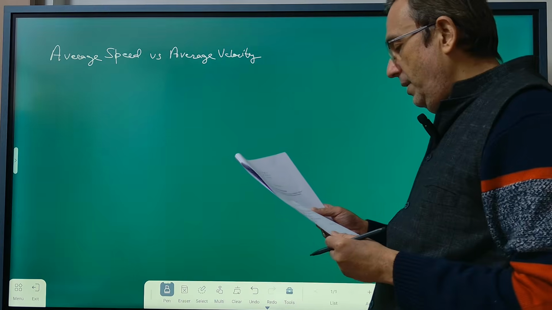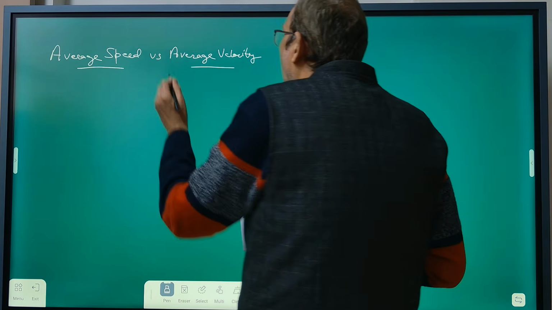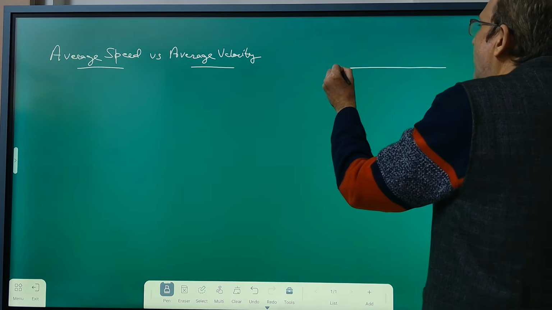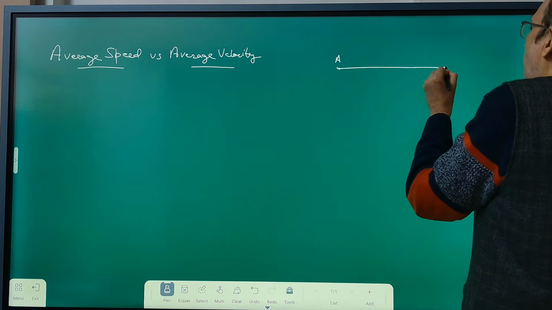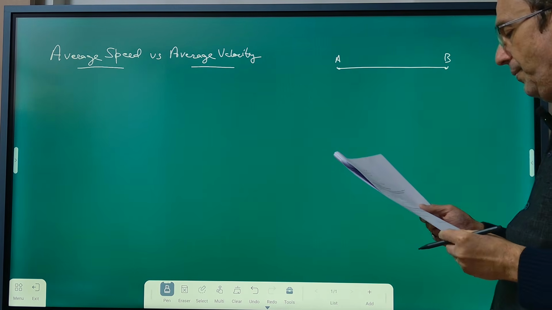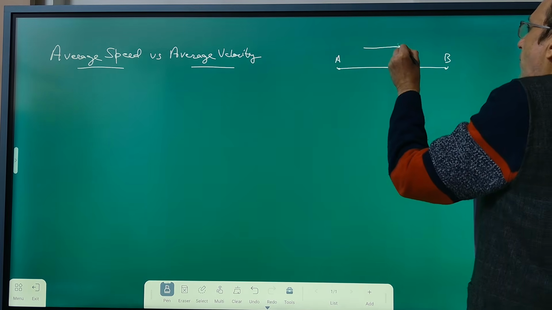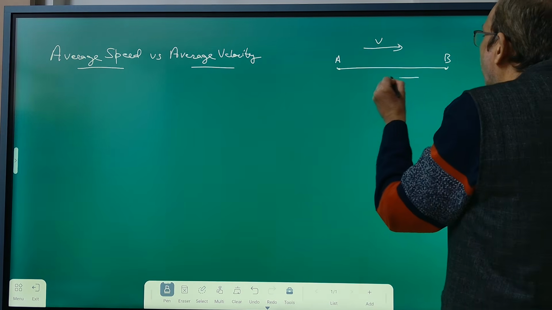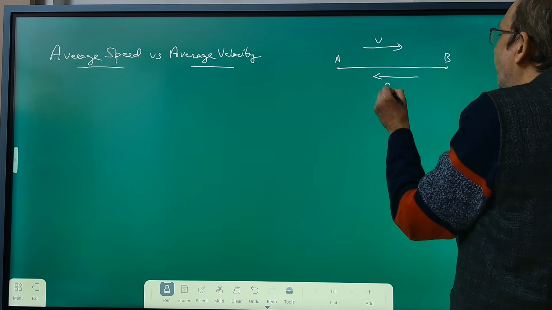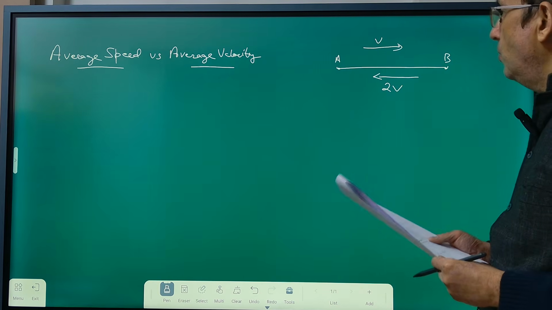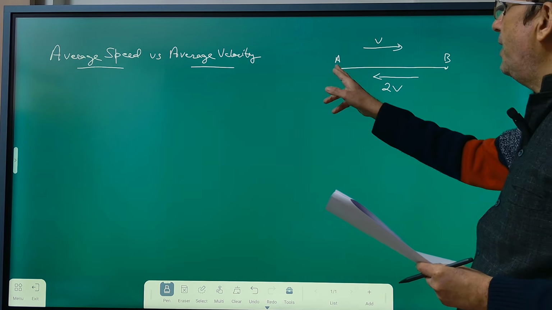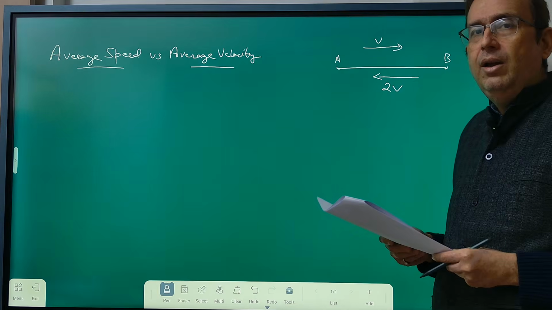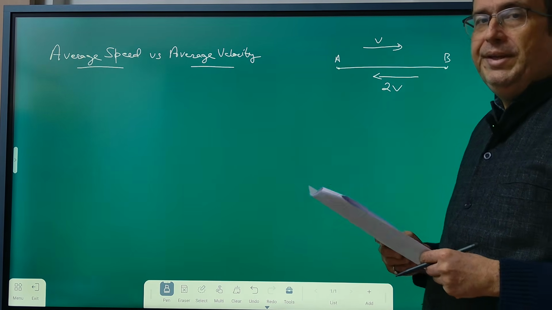The question that is given is that a particle travels from point A to point B. So there's a straight line, and there's this point A here, and then it moves to point B. In the forward journey, its velocity is v, and then it returns from B to A, and then the velocity becomes 2v.